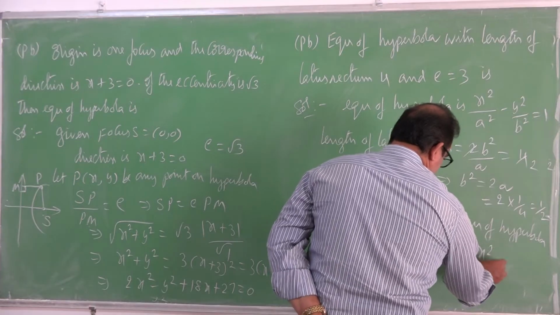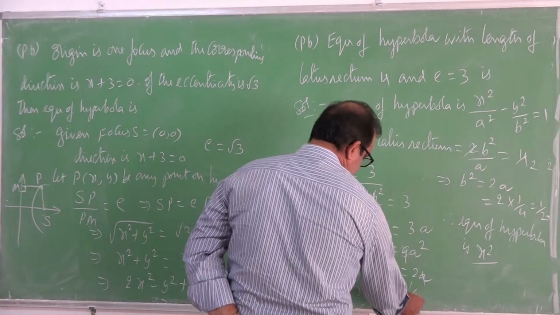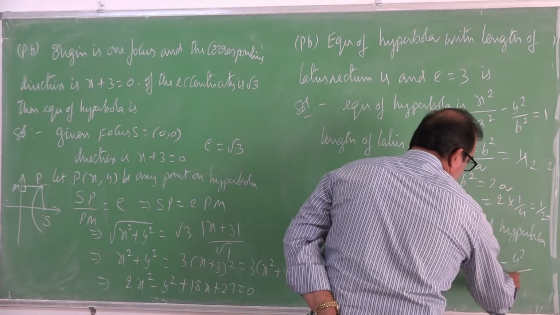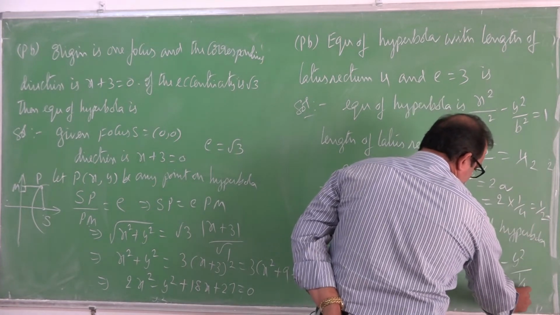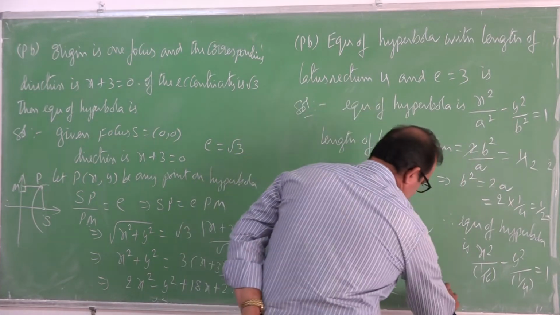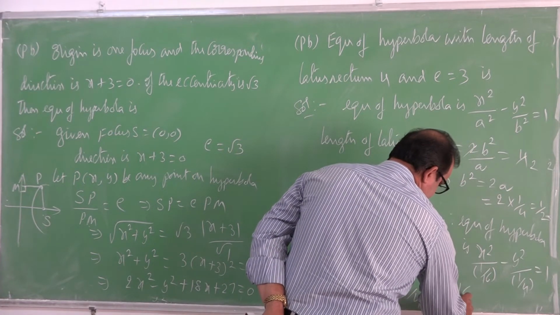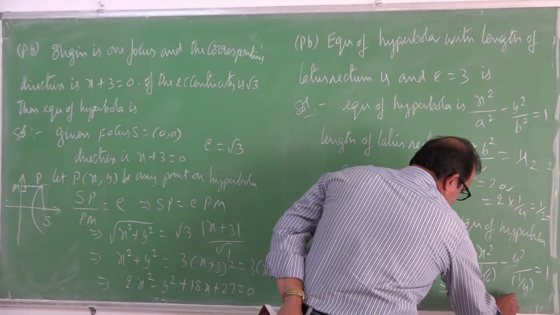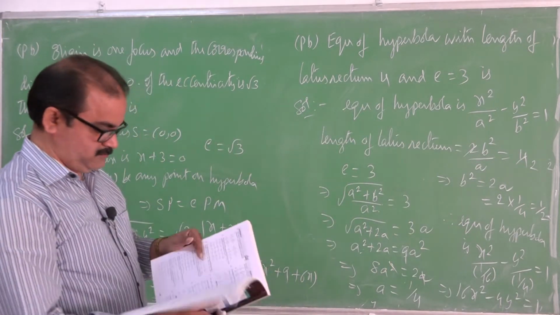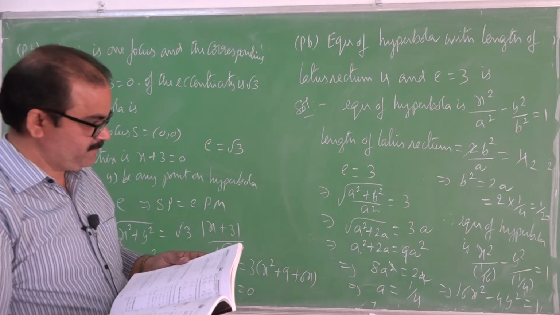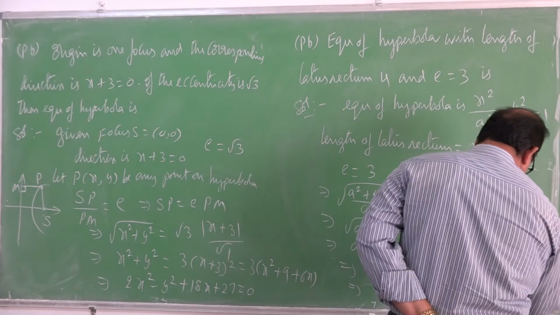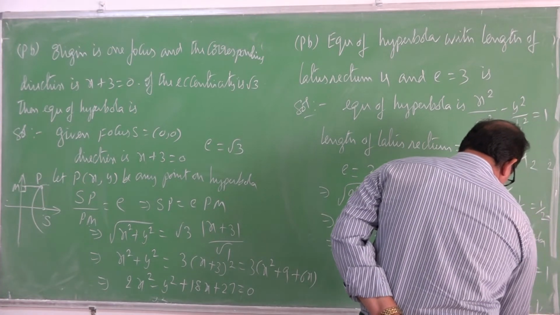Therefore, the equation of the hyperbola is x squared by (1 by 4) whole squared, 1 by 16, minus y squared by 1 by 2 is equal to 1. This 16 goes to the numerator: 16x squared minus 4y squared is equal to 1. That is the equation of the hyperbola. Here again b squared is 1 by 2, so 2y squared.